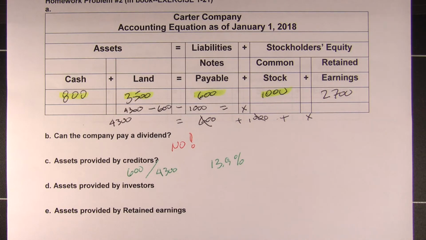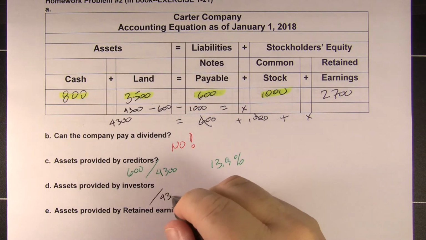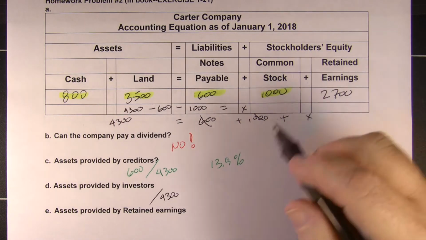Then it asks us to come up with how much of our assets are provided by investors. So again, we still have $4,300 worth of stuff, and our investors, our stockholders, have put in 1,000.